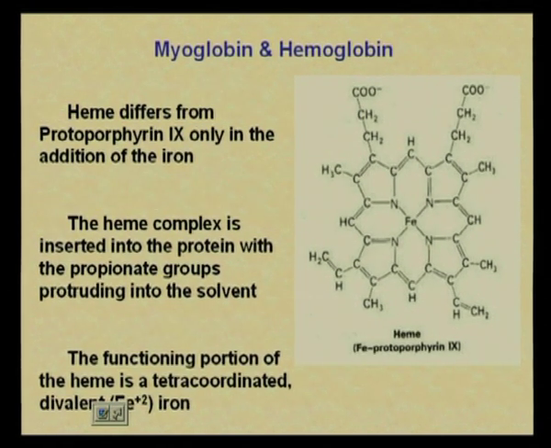So, this is our protoporphyrin structure that we saw in the previous slide, and the heme differs from protoporphyrin 9 only in the coordination or the addition of the iron atom here. Okay? And the heme complex is inserted into the protein with the propionate groups protruding into the solvent, and the functioning portion of the heme is this tetra coordinated divalent Fe2+ iron.